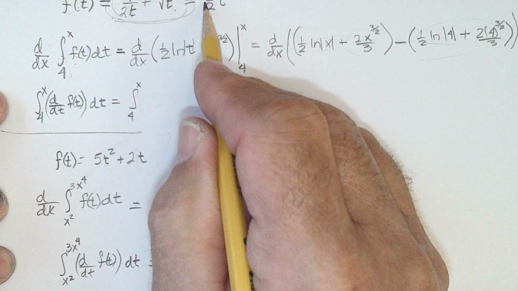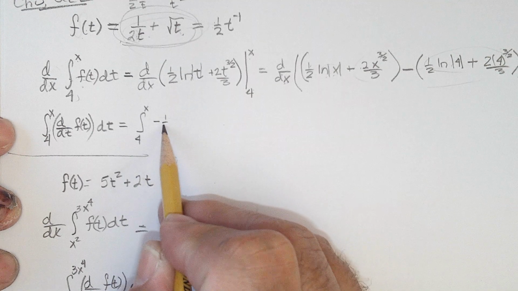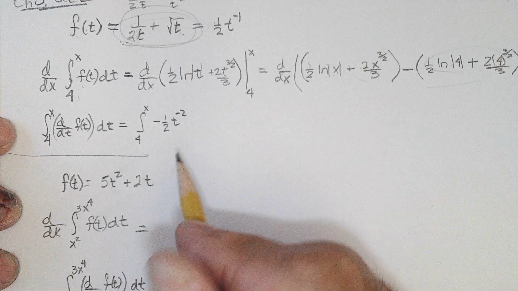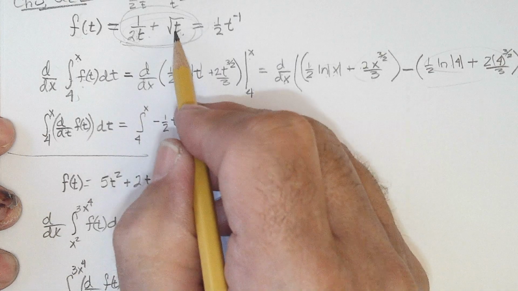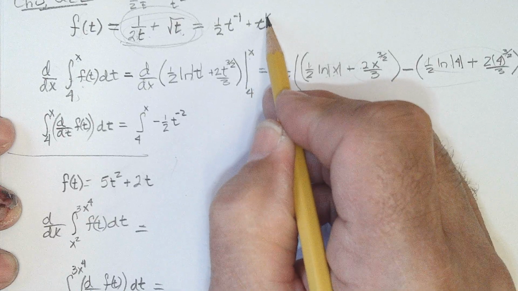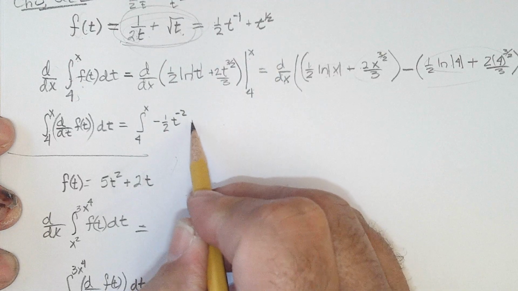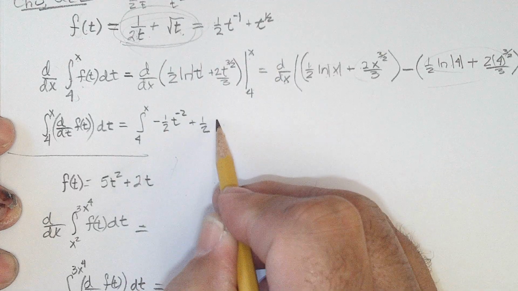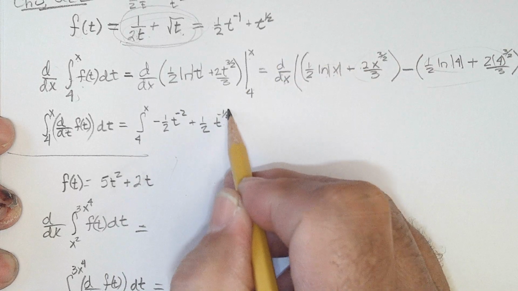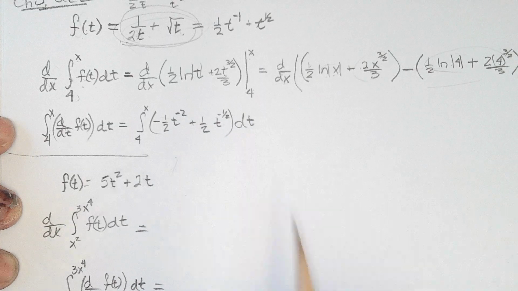It'd be minus 1/2 t to the minus 2, and then the derivative of t to the half is 1/2 t to 1 less, t to the minus 1/2 dt.